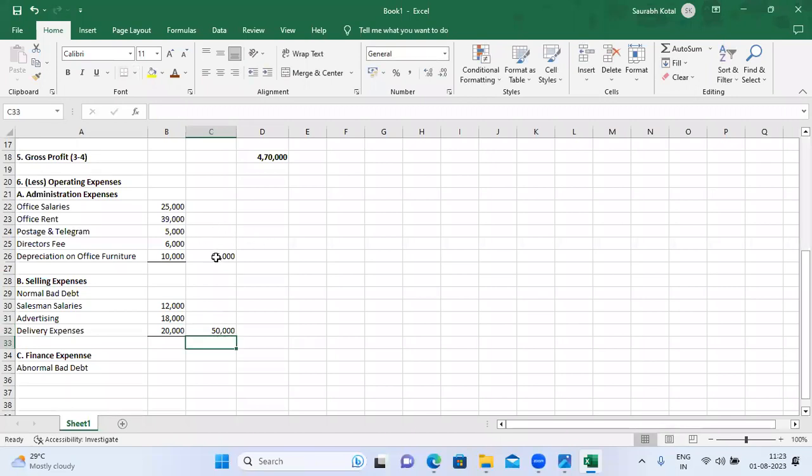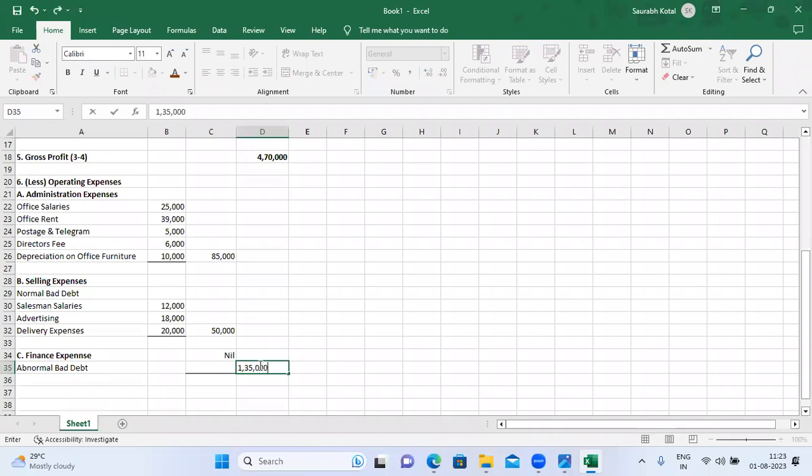Now, what is the total of A, B, and C? There is nothing in terms of financial expenses, so keep it blank or else write nil. The total of all these three will give us how much? 1,35,000.